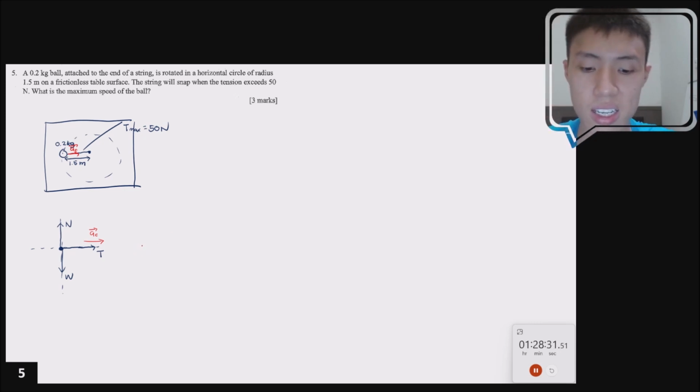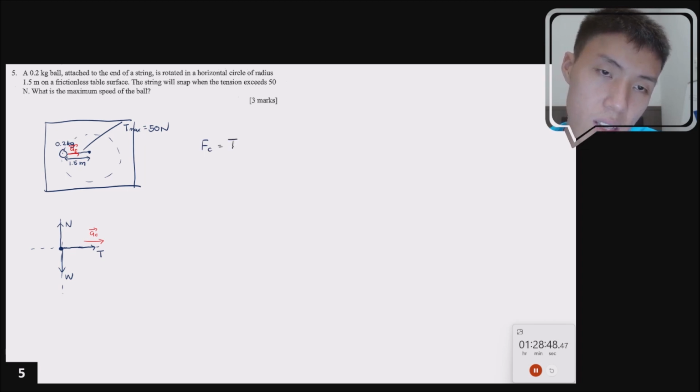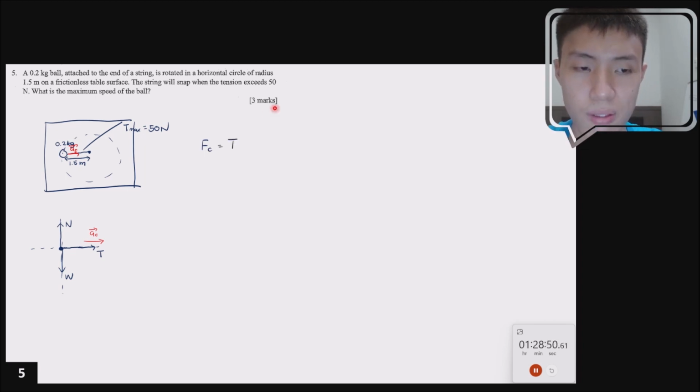For the x dimension, the net force is the tension, so this tension will be the centripetal force. FC is equal to tension, because this is the net force in the x dimension. You are moving in circular motion in the x dimension, not the y dimension.